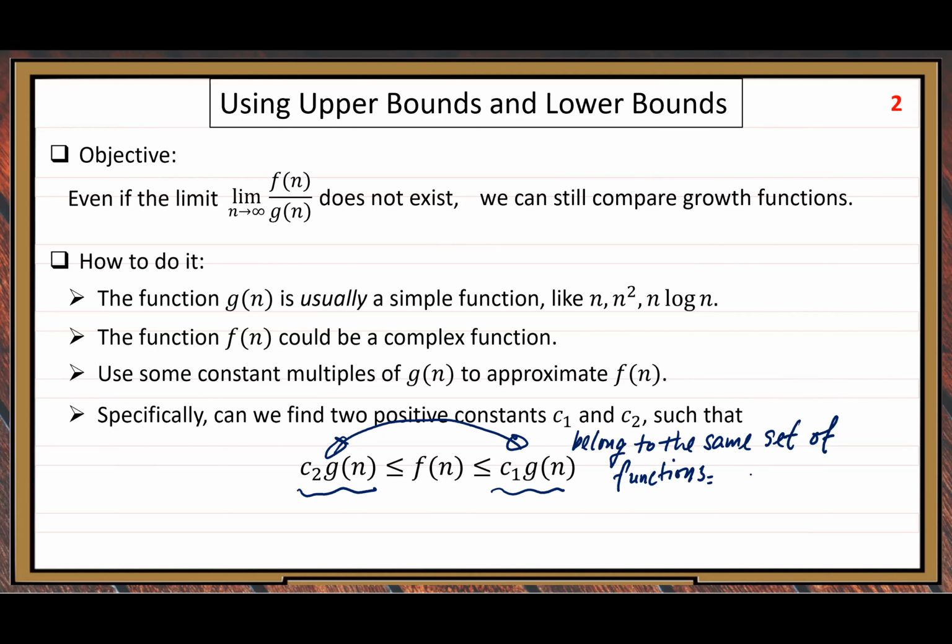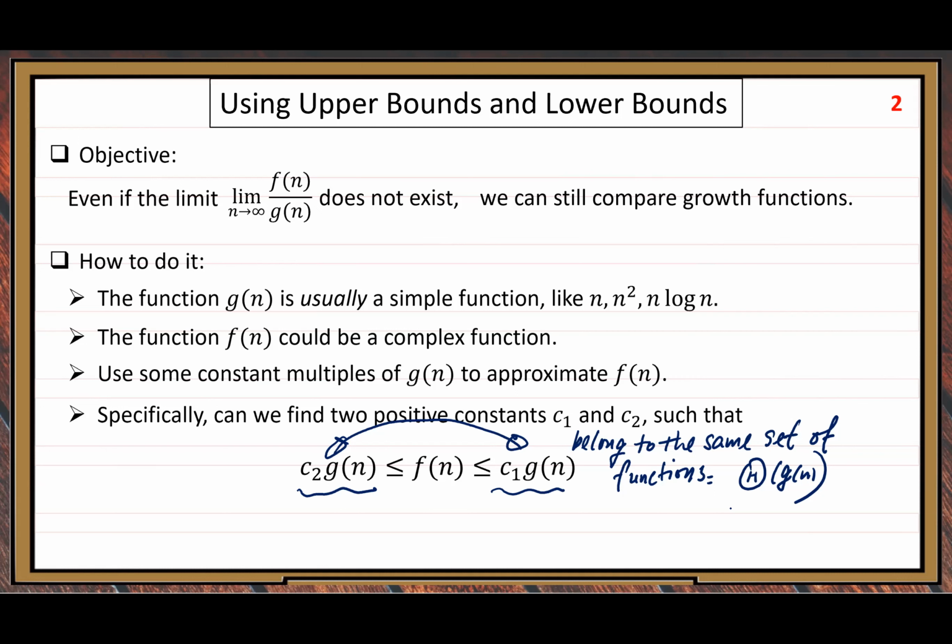What set? Big theta of g of n, using our asymptotic notation from the previous slide. So we get what we need.